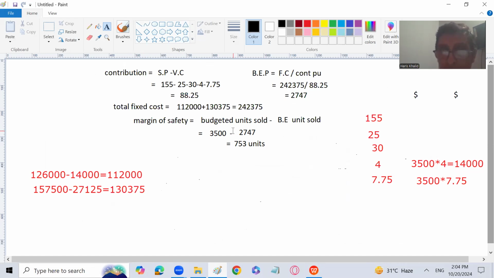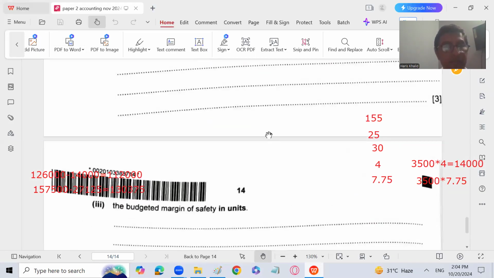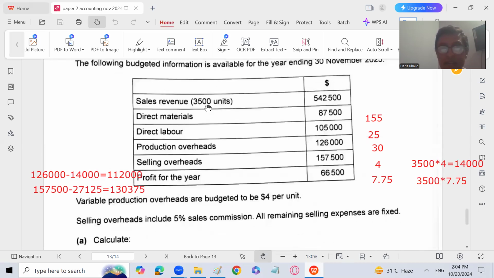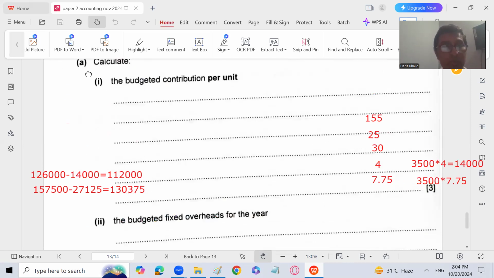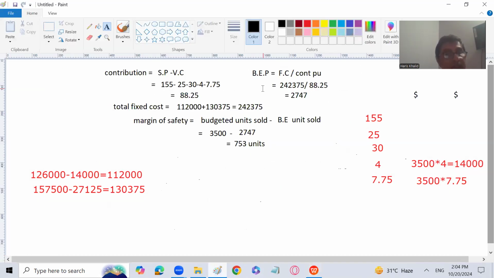Budgeted units sold is already given in the question, that is 3,500. Minus break-even units sold, we can calculate it easily, because break-even units is equal to total fixed cost divided by contribution per unit.